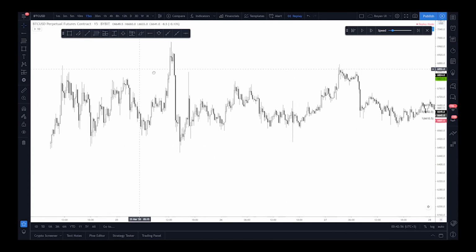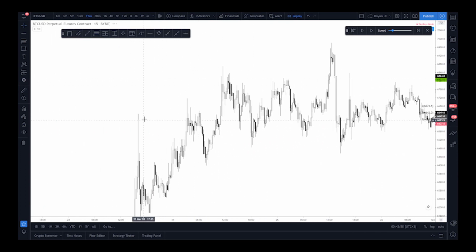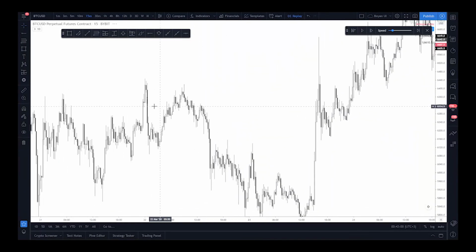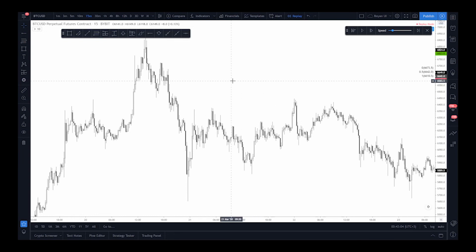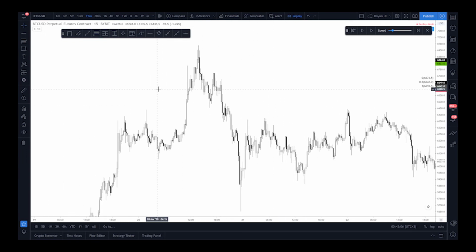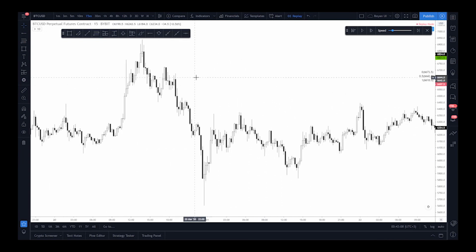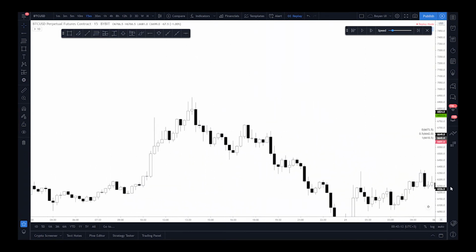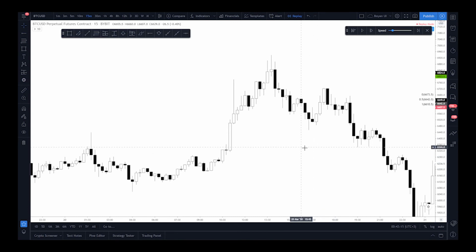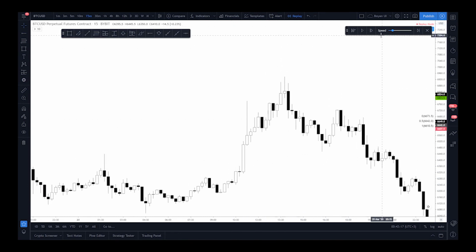In our case, I will be trying to find one on the chart where it will illustrate a similar chart, and here it is.